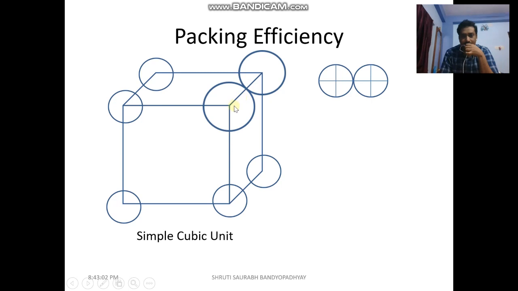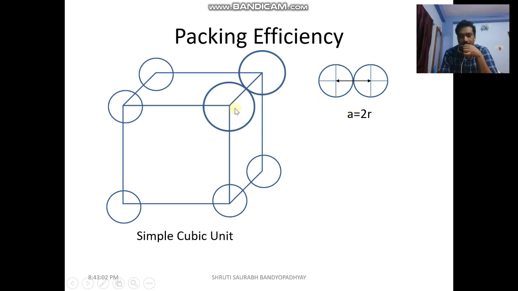So in addition, r plus r, that is 2r. If these two particles are corner particles touching each other, the distance between the centers of these two spherical particles, 2r, is equal to a. a is the side of the cube.